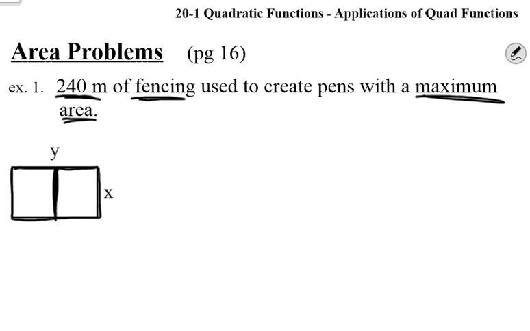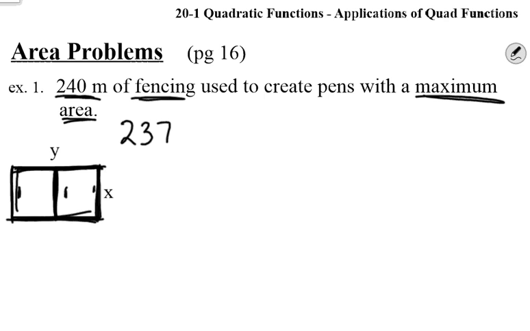Now, if I could play and guess and check all I wanted, technically I could have a pen 1 meter wide, which would leave 237 meters, and then I could figure out how long the y's are. If the pens were 1 meter wide, I would need 3 meters of fencing here, and then the 237 that gets left I would divide amongst these two lengths.